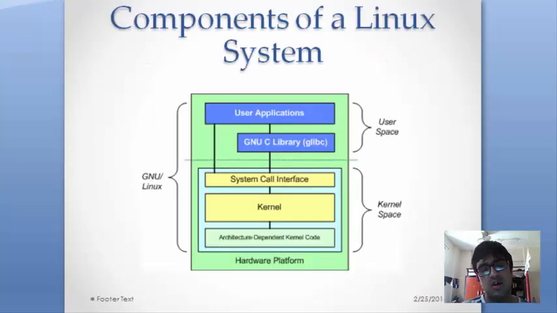Going back to the components again, as you can see, there are two spaces: the user space and the kernel space. In the user space, the user can do pretty much whatever he wants, unless he interferes with the kernel operations.